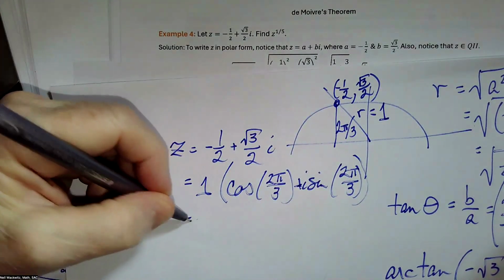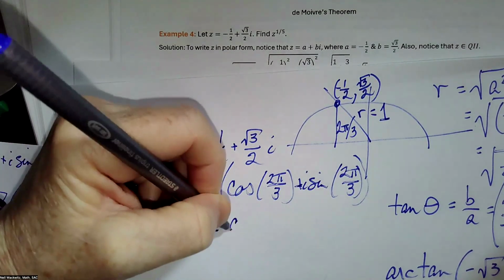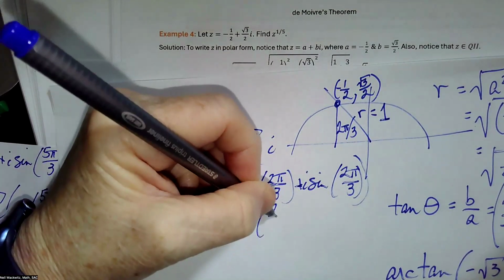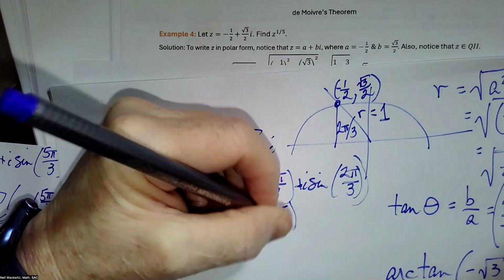And it's loads easier to write this as 1 cis 2 pi over 3.